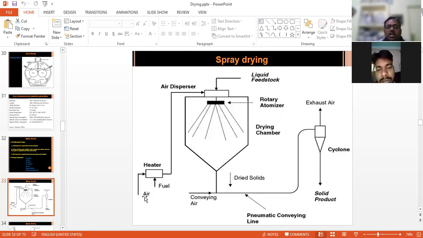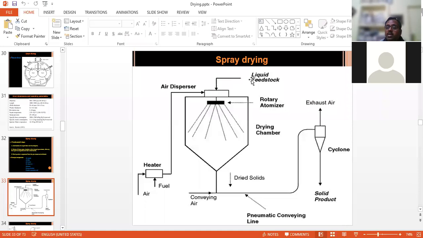You can see here that air is actually passed through the heater, and the air is actually dispersed, and you can see here we are collecting the liquid feed, that is we can get the concentrated milk, preheated and concentrated milk. You can say having total solid 42%.